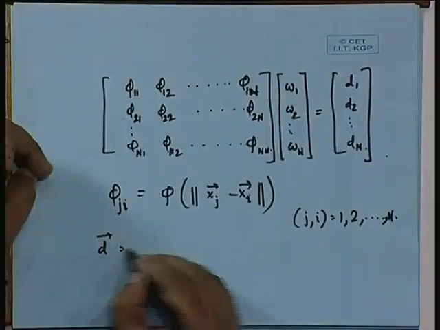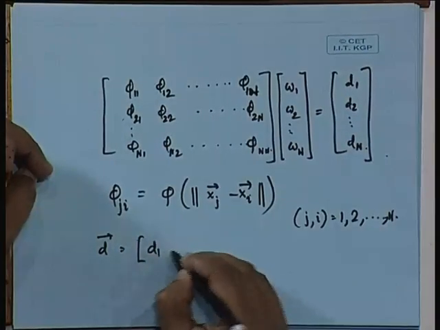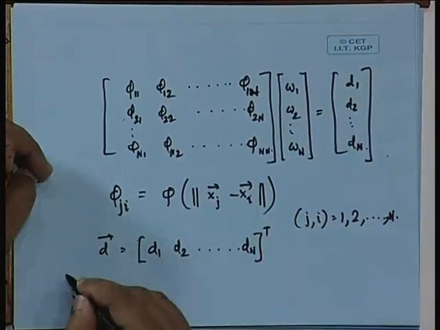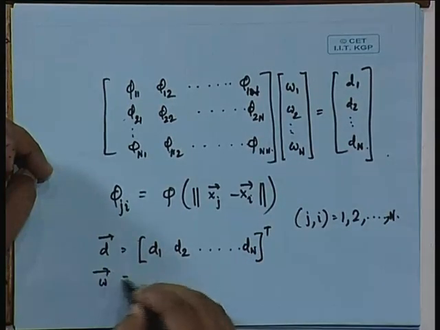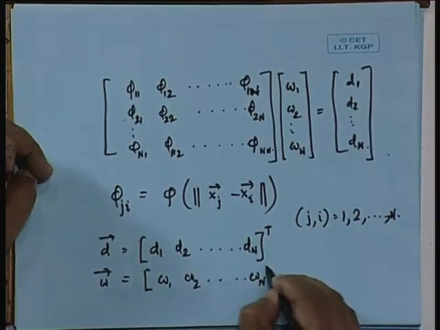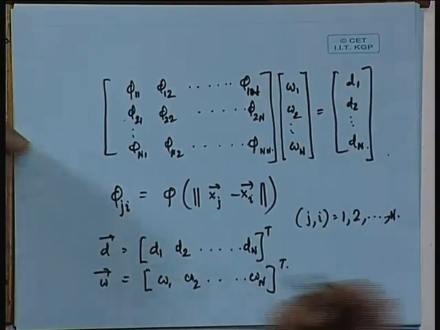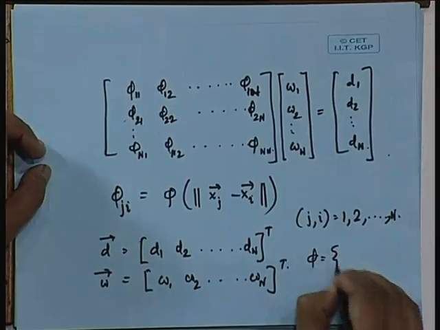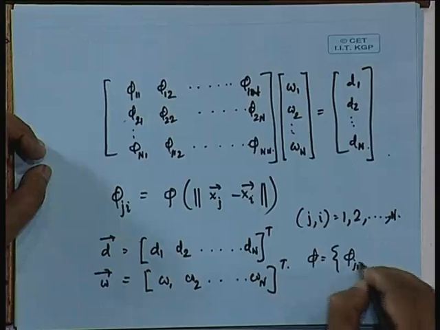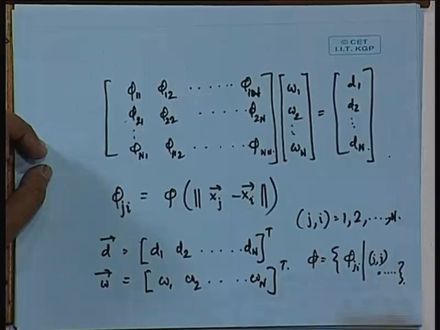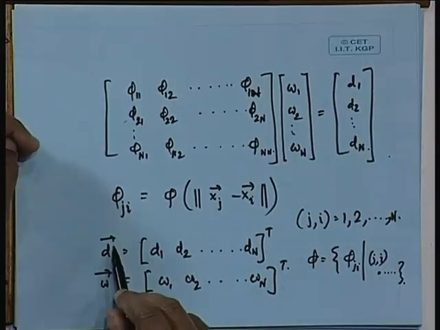So, we define D as the vector d1, d2 up to dn, transpose, and the w vector will be defined as w1, w2 up to wn, again the transpose. And phi we have already defined. Phi will be the set of phi ji's, given that j and i go from 1 to n. I am not writing the whole thing again. So, this is the definition of phi. This is d, this is w.